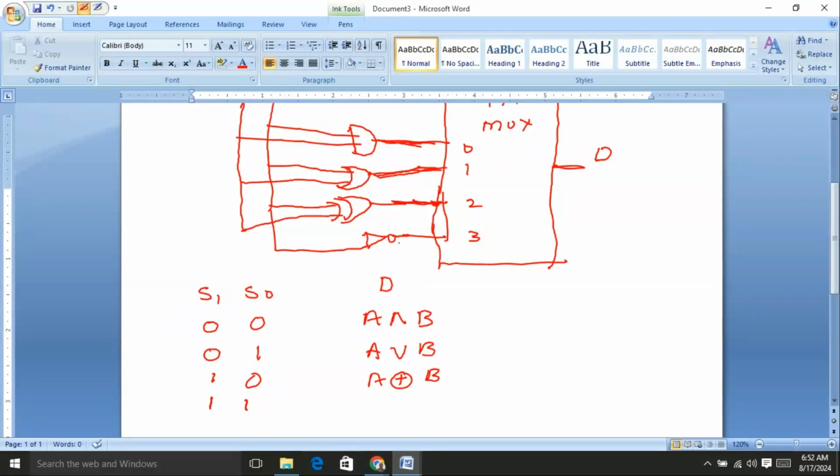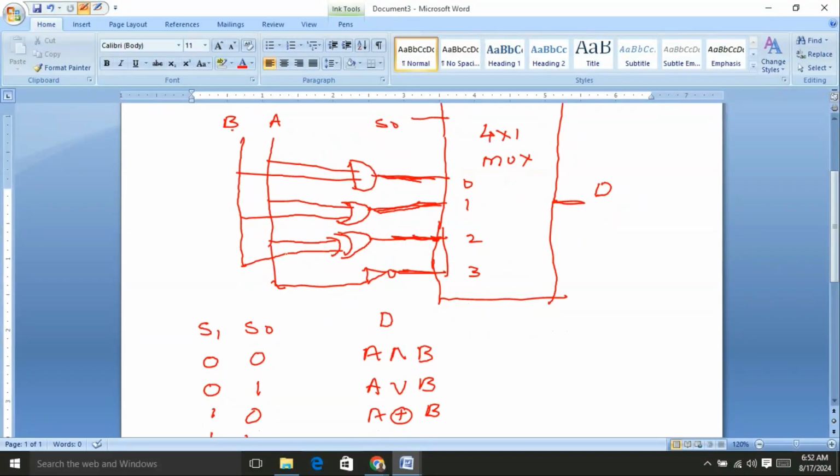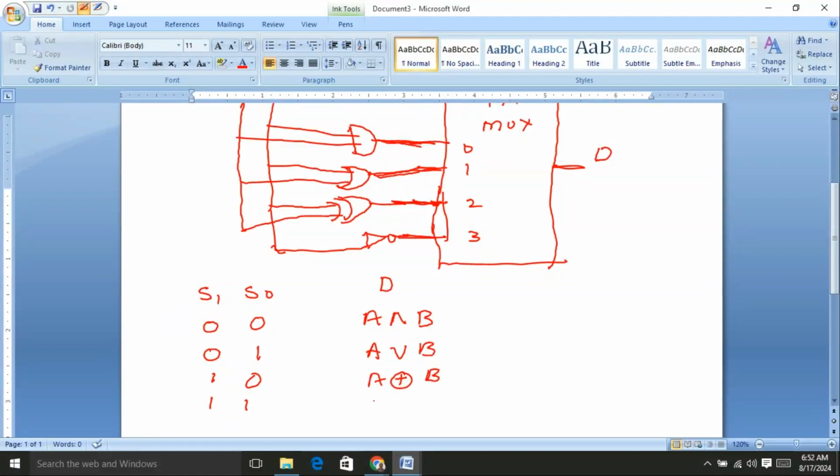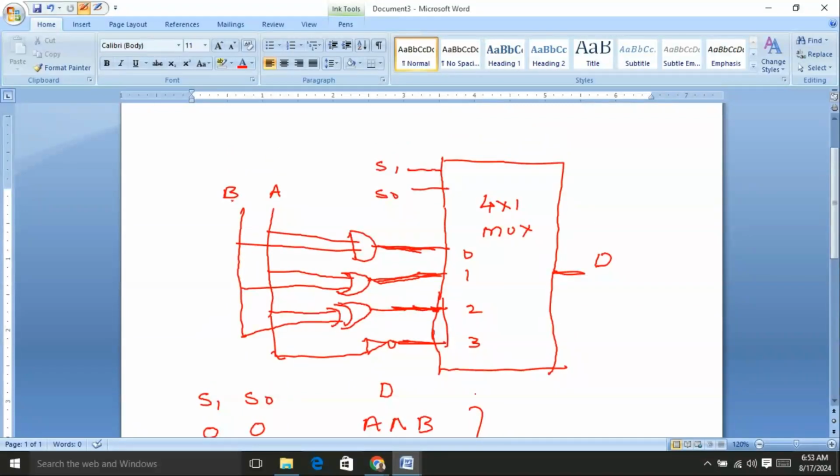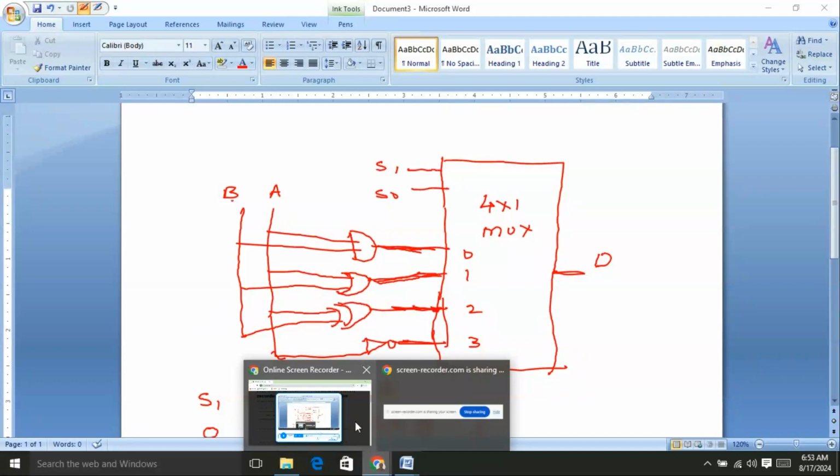What is the fourth input of the multiplexer? It is connected to the NOT gate on A. Please observe above A. Finally we get A bar. These are the four basic logical operations. This is the design of the logic circuit. Okay, friends, I hope you can understand this one. Thank you.